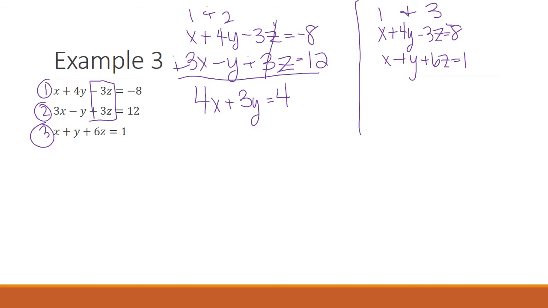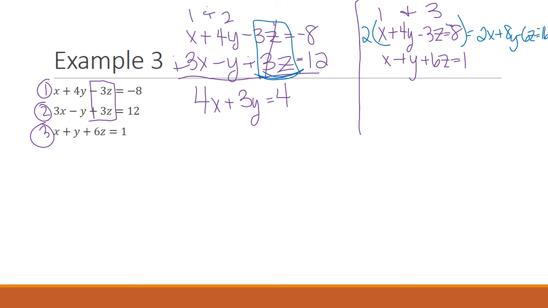Remember, you want to cancel out the same variable that you canceled out before. So since we canceled out z here, we want to make sure we cancel out our z's in our new set. So we've got 6z in the second one and negative 3z in the first one. So I'm going to multiply this first equation by 2. That gives me 2x plus 8y minus 6z equals negative 16.